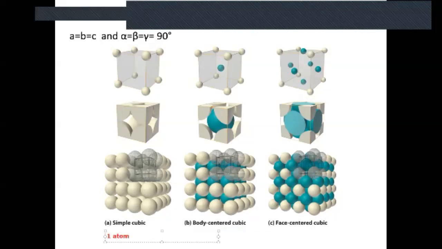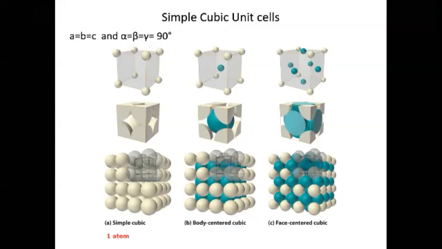So you would not see a simple cubic unit cell for an ionic compound because the minimum number of ions you need for an ionic compound is 2. So simple cubic could be observed for elements, because elements only need to contain one atom. But ionic compounds will never be simple cubic.